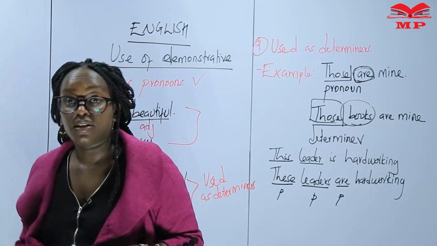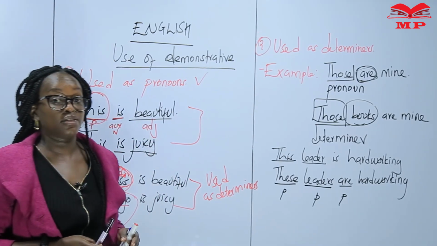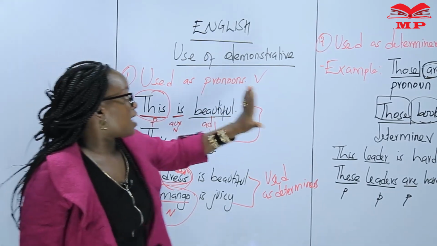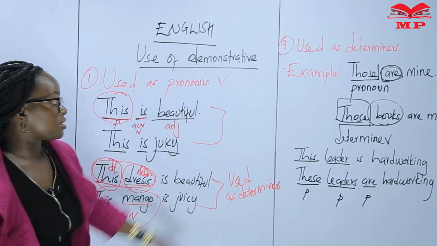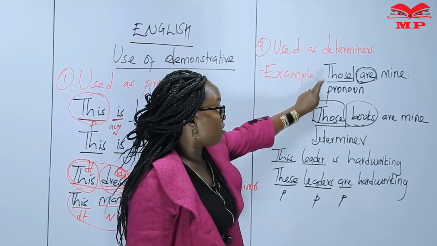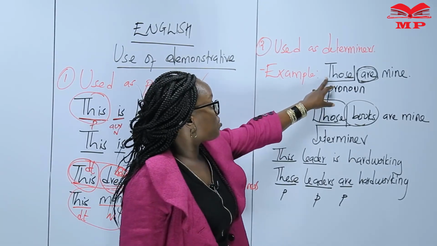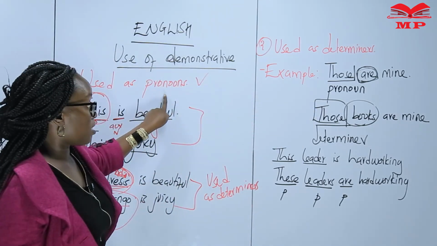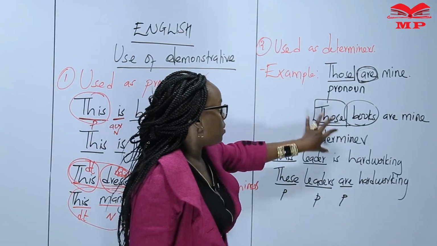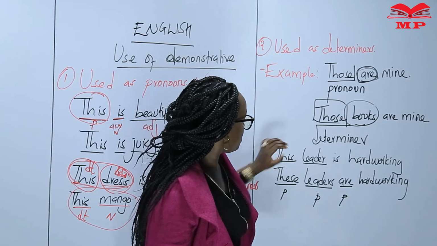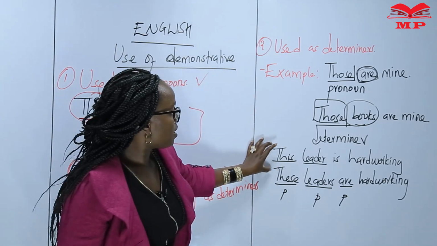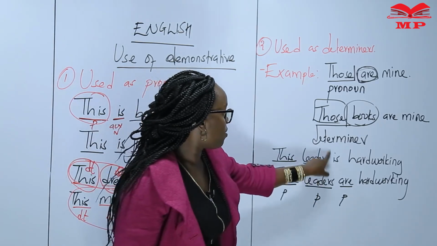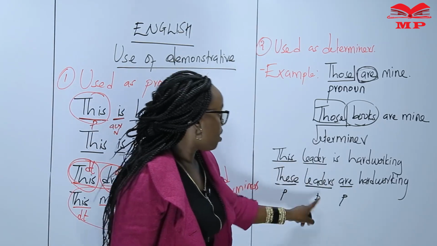That will be all for today. Those are the two main uses of these demonstratives. So we've talked about how they can be used as pronouns and they can be used as determiners. This first example here has demonstrated that this demonstrative, those, is used as a pronoun, not as a determiner. But when you look at the sentence I've just given, this leader, the main noun in this sentence is leader.